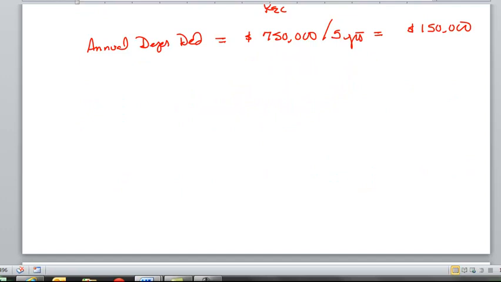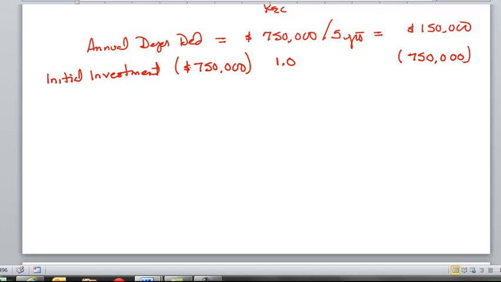So now we're ready to calculate our present value. First thing we look at is our initial investment. The initial investment is going to be 750,000. Now we're not taxed on that at all because that's just the money going out. So we don't get taxed on what we're giving out. So that's going to be a net present value of $750,000.